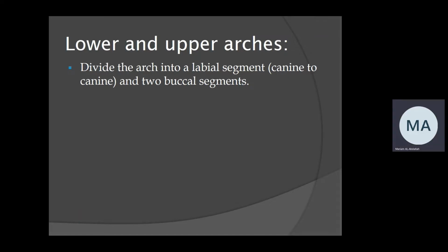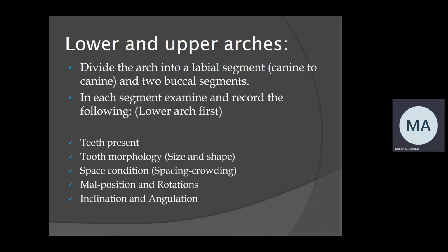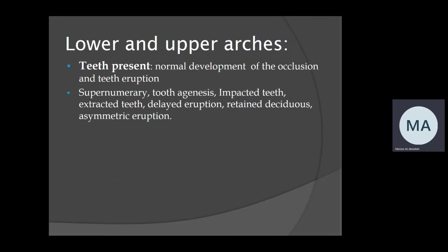To do so, it's easier to divide the arch into the labial segment, the left buccal segment, and the right buccal segment. And then in each segment, you need to record the teeth present, tooth morphology, space condition, malposition and rotations, inclination and angulation.